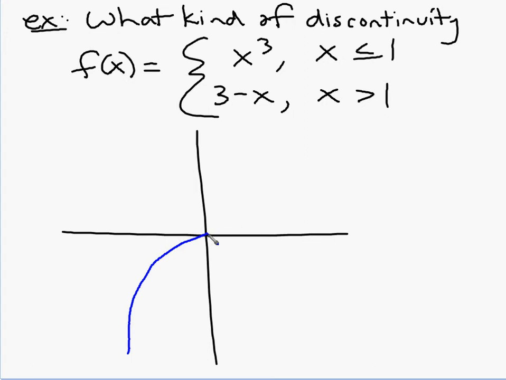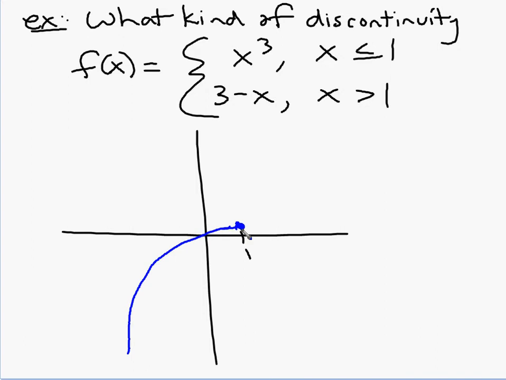And it says it's x cubed up until 1. So right here is 1. And it says it's x cubed for x less than or equal to 1, so we will color in this circle. There's the first half of my piecewise function.